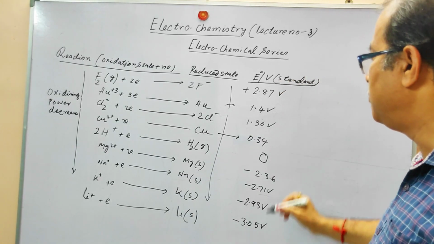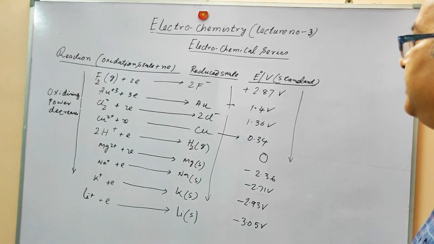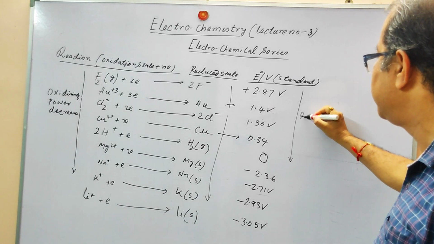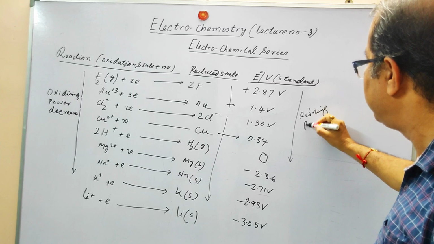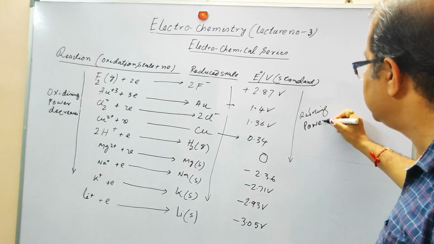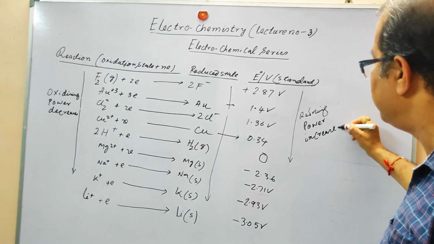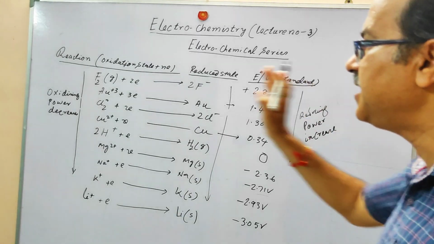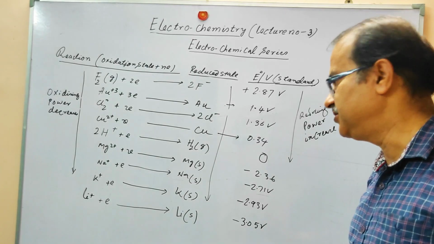You can understand from this electrochemical series that when we go from the top to the bottom, the reducing power goes on increasing, and going from the left hand side to the right hand side, the oxidation power goes on decreasing.